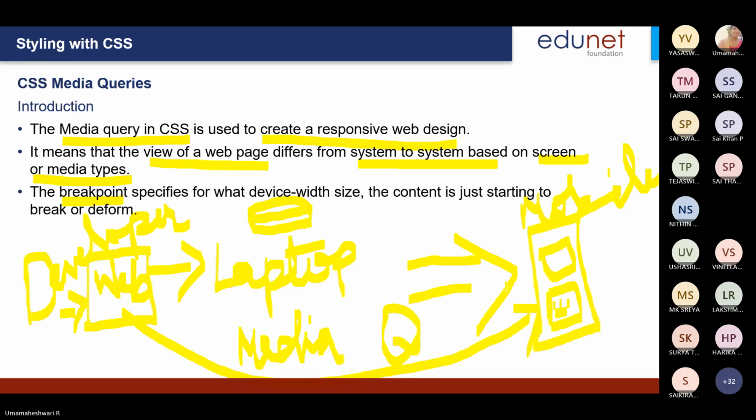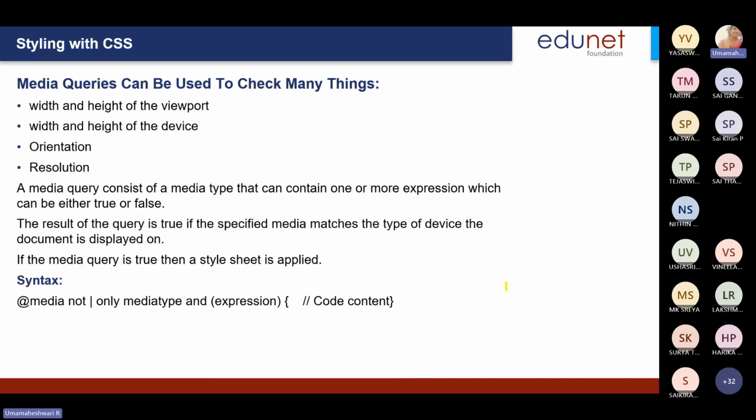Next we should understand what breakpoints we have and how we can create a media query. Let's jump into this. Before moving on, you need to check many things: the width of the viewport, the height of the device, orientation, resolution. These are the important things. Viewport means from this point, the top left corner, till this, the entire thing is the viewport.